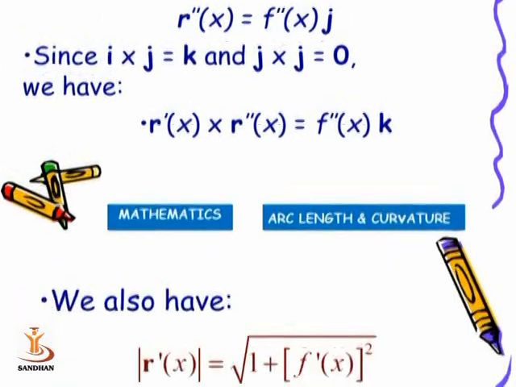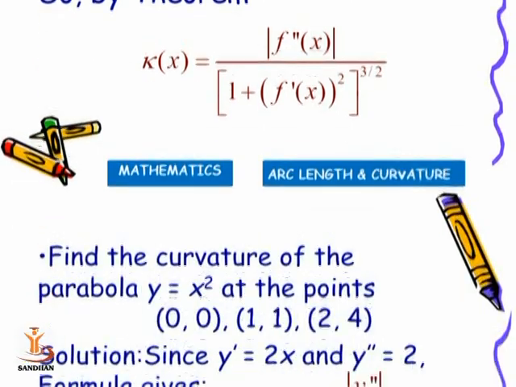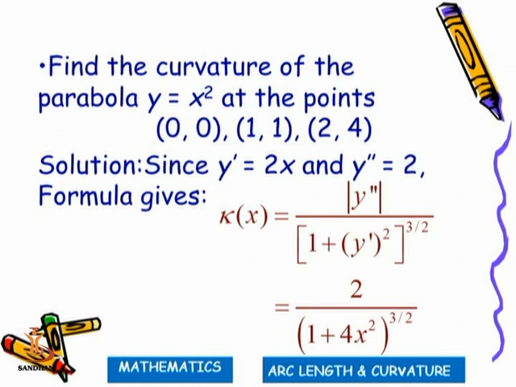So we have the answer: f double dash(x) upon (1 plus (f dash(x))²) whole raised to 3/2. So this is our Cartesian form formula. We will discuss this type of example also.